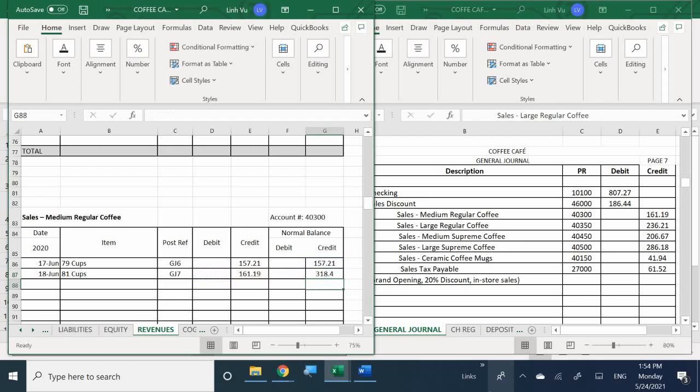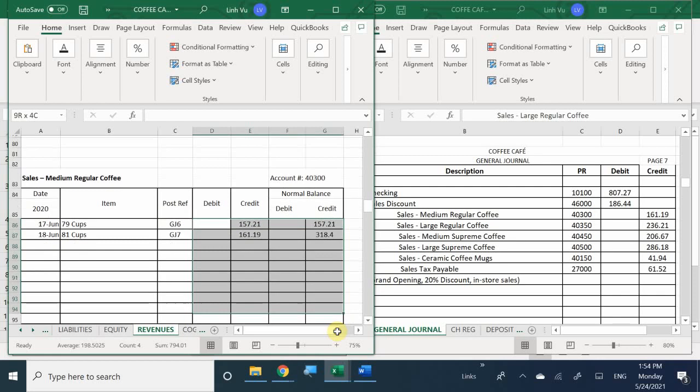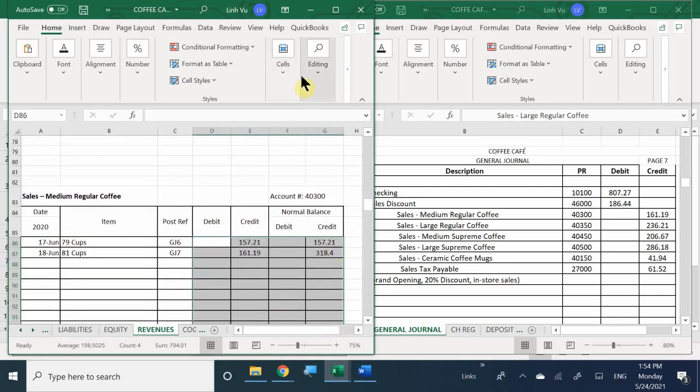So in this case, it's up one, plus left two, minus left three. That's the previous balance, add any credits, subtract any debits, to give you a running balance of 318.40.